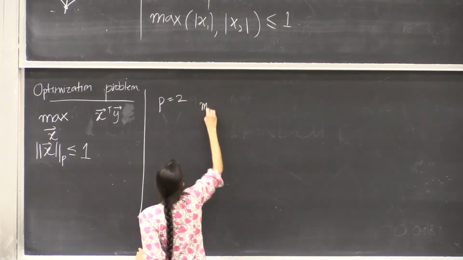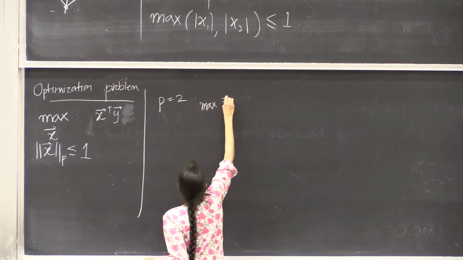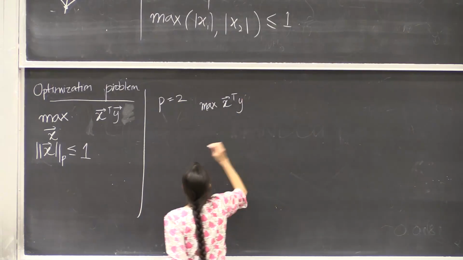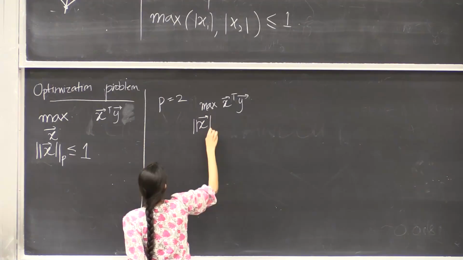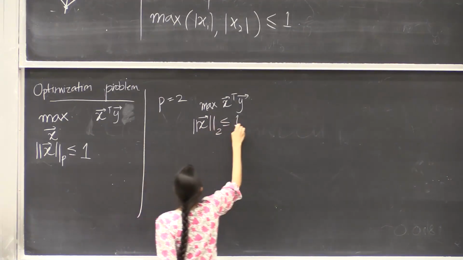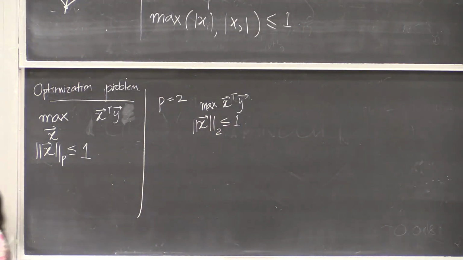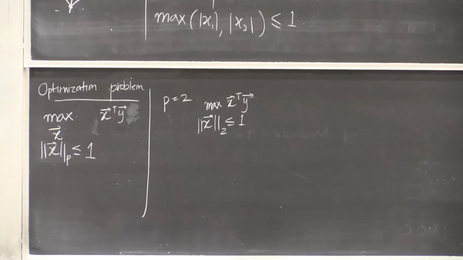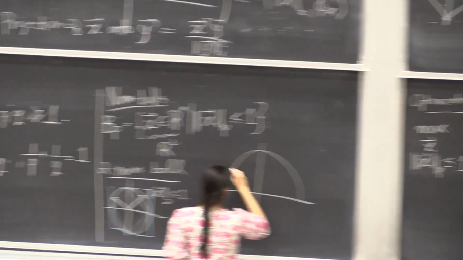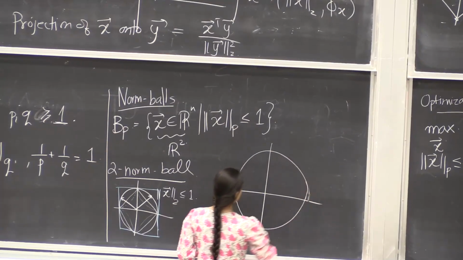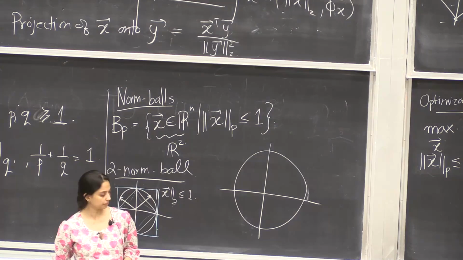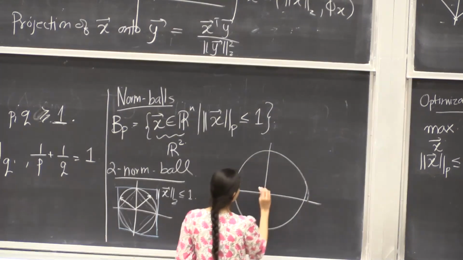So we want to maximize x transpose y subject to the 2 norm of x being less than 1. What does that mean in this picture? I have this 2 norm ball, and I have some y somewhere.